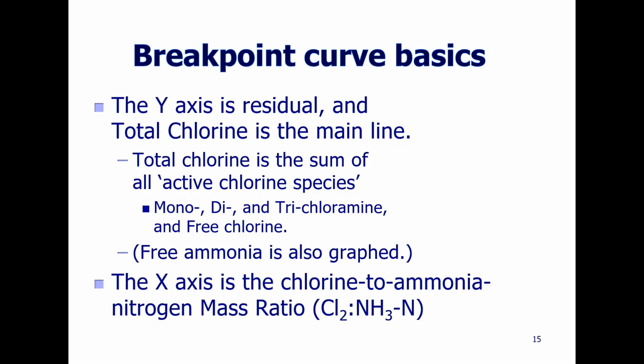We're going to graph other things in a minute, but that total chlorine line is the one we talk about. The x-axis is the chlorine to ammonia nitrogen ratio. We measure all the species that have N, nitrogen in them, as N, so they're more comparable, right? And that's a requirement of TCQ and also a good idea.